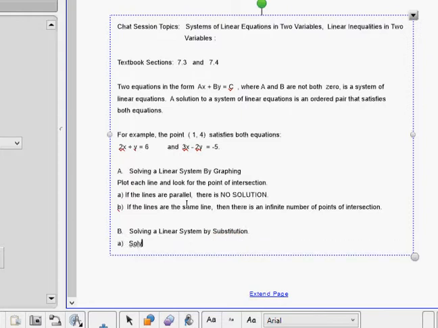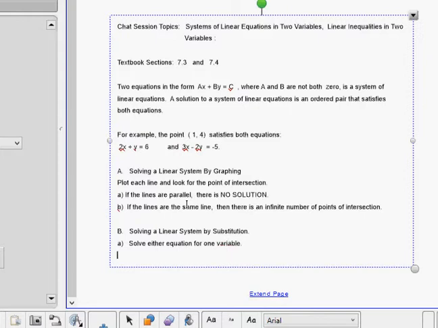You solve either equation for one variable, then you substitute the expression found in step 1 into the other equation for that variable.